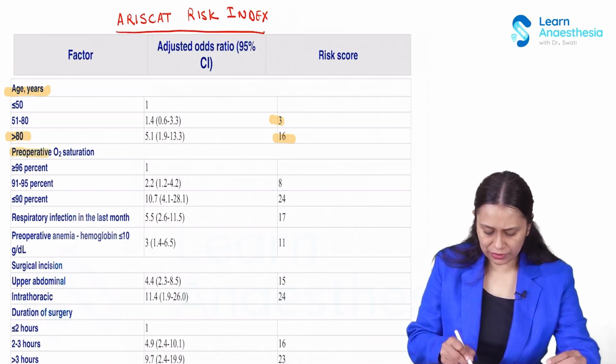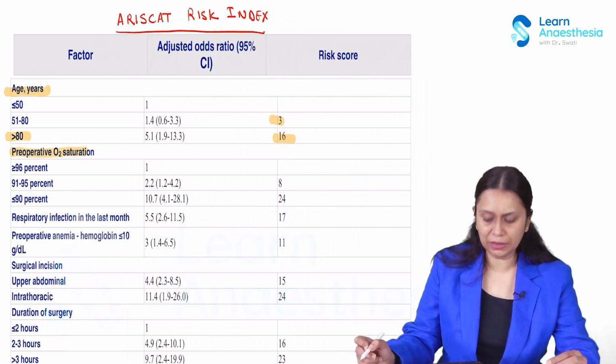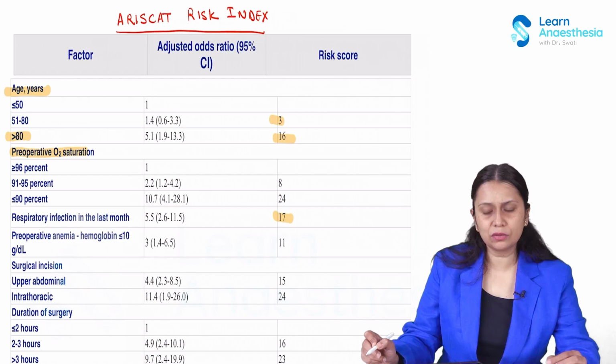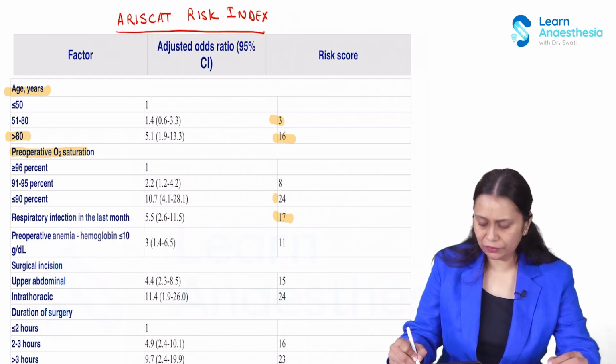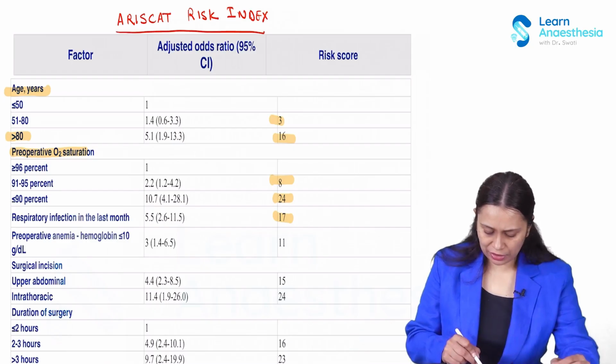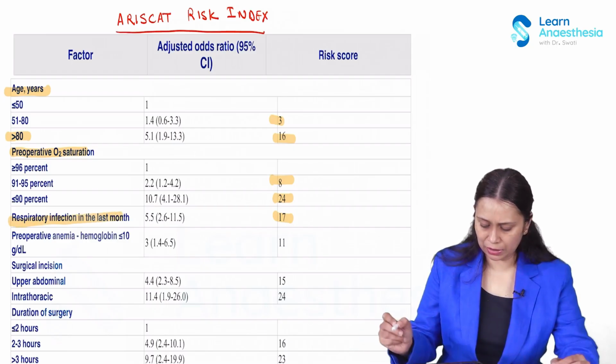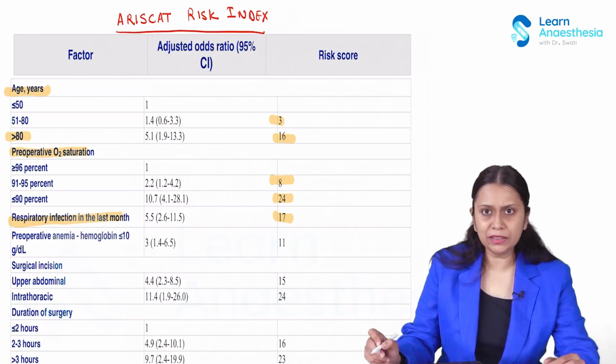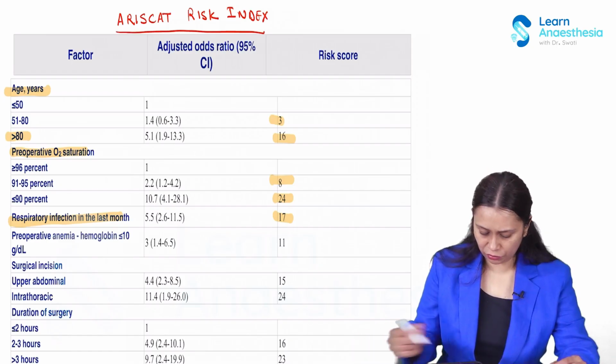Then preoperative oxygen saturation: if it is less than 90%, 24 is the risk score given; 91 to 95, 8; and more than 96%, 0. Then respiratory infection in the last month, 17 is the risk score.